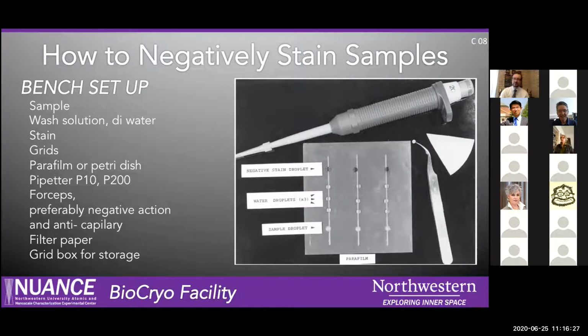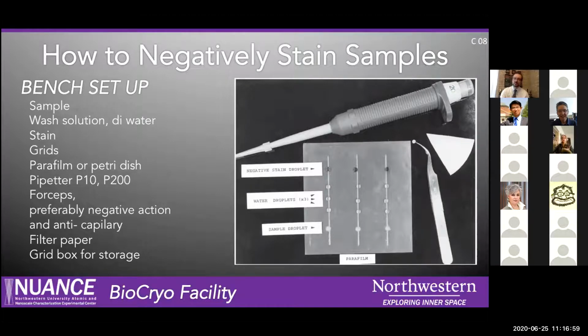As I was saying, the image in the PowerPoint here is the drop method. What you're going to do is take your grid and float it onto the drop of solution, or massage it on the drop of solution. Again, people do this a little bit differently. If I were depositing for 5 or 10 minutes, I may leave my initial sample on for 10 minutes and remove the forceps, but some people maintain the grid in the forceps and do the transferring.